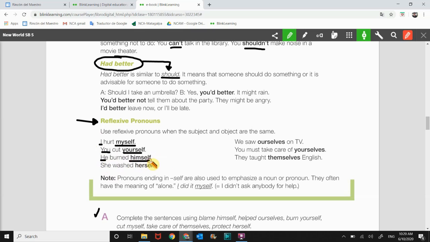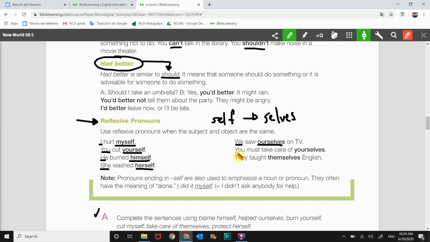He, himself. Not hisself, himself. She washed herself. She, herself. We saw ourselves on TV. So we, ourselves. So self is singular, selves is plural.